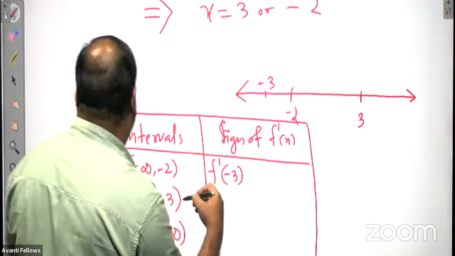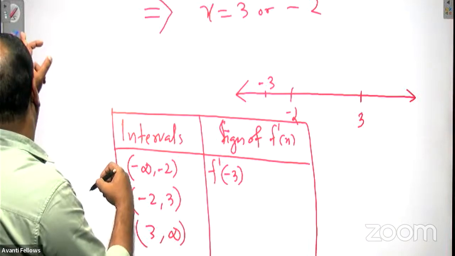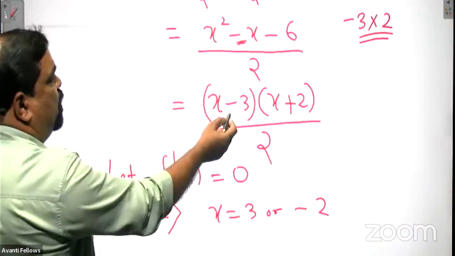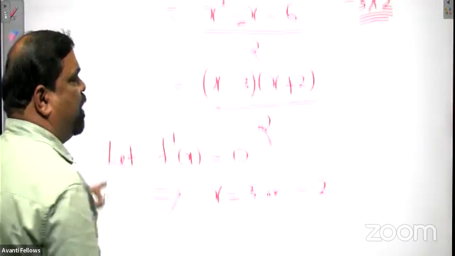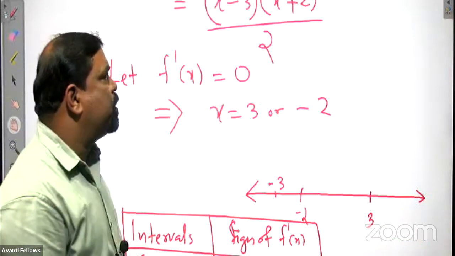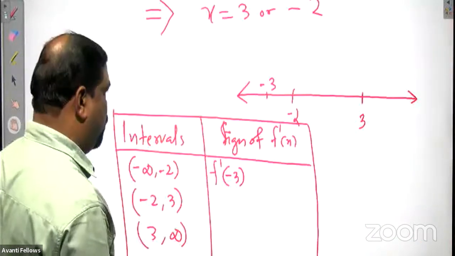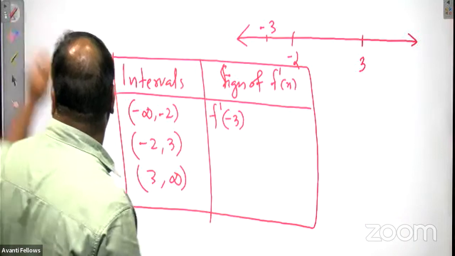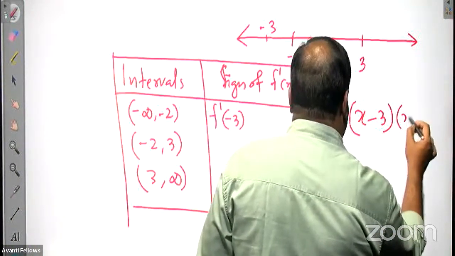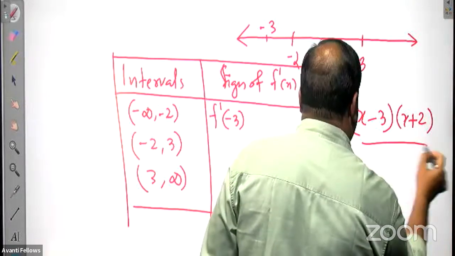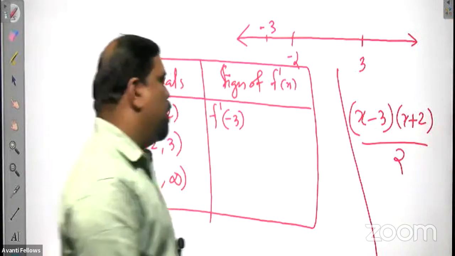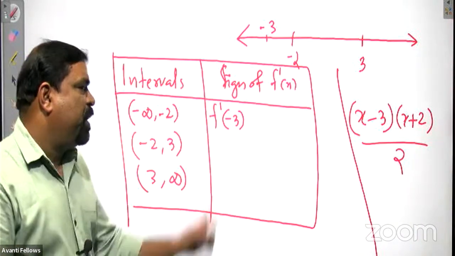For that, refer to our f dash x. You can take the factorized form: x minus 3 into x plus 2 divided by 2. This is our derivative. Now we substitute minus 3 for x.